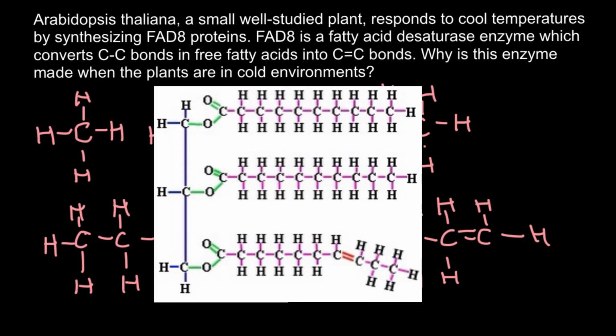So what this creates, it creates more space between molecules, and such molecules would be liquid at room temperature, and we call such molecules oils. Usually it is vegetable oils, and molecules that are solid at room temperature we call fats.